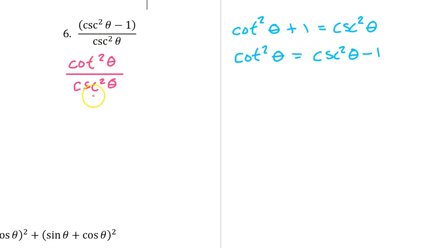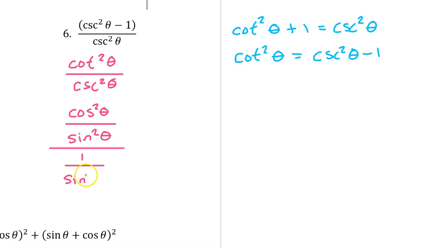Next, I want to rewrite everything in terms of sine and cosine, as I love to do. Cotangent squared theta can be written as cosine squared theta divided by sine squared theta. And cosecant squared theta can be written as 1 over sine squared theta. When you divide by a fraction, you multiply by the reciprocal.